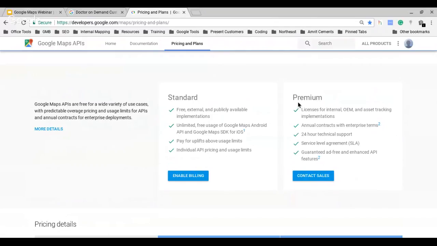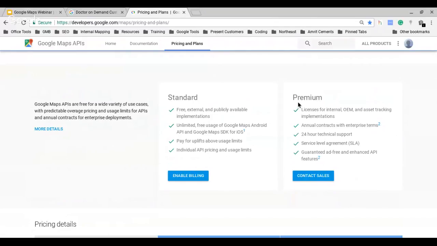So this is for internal business purposes, like to show your stakeholders about where your operations are and so on. Then we have OEM use cases, right? OEM means original equipment manufacturers, right? So people who build out applications on top of Google Maps and then sell it off to other clients are the people who are in this particular category, right? And finally, asset tracking implementation. So any kind of asset tracking implementation, all three categorize under the premium plan.